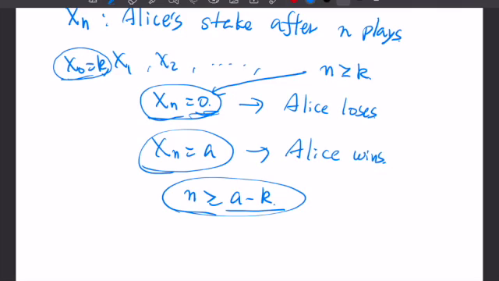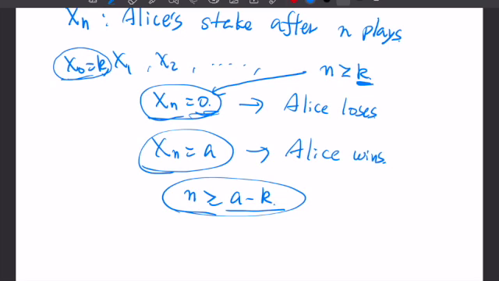So if Alice loses k plays in a row, all losses, then Alice loses all her money, all her k dollars. So this is the least number of plays Alice has to play until she loses all her money.